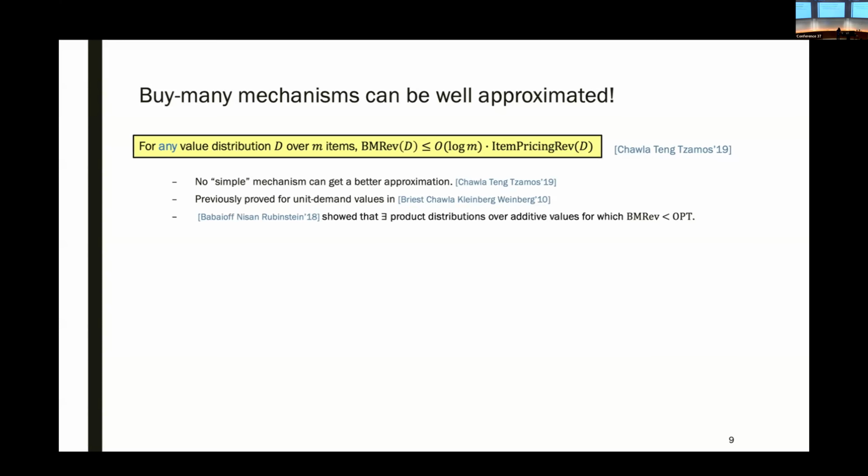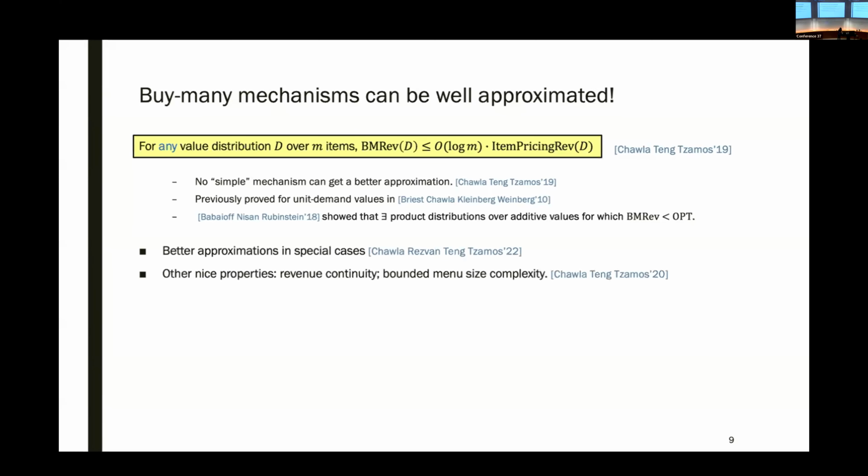Okay. And it also turns out that this result is in fact tight, in that there's no other mechanism that has small description complexity that will do any better than logarithmic in the worst case relative to this benchmark. Okay, so in that sense, this gives us a nice answer for what happens when you go beyond the item independence assumption for a single buyer.